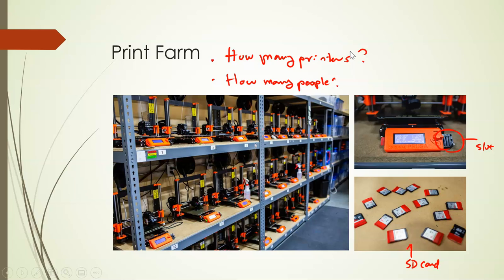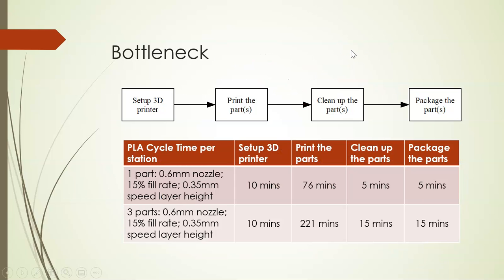So let's take a look at two scenarios. This is the first scenario I'm going to discuss in the next video, to show you how we address the issue of bottleneck. We are using PLA, and this number comes from the table from last week.